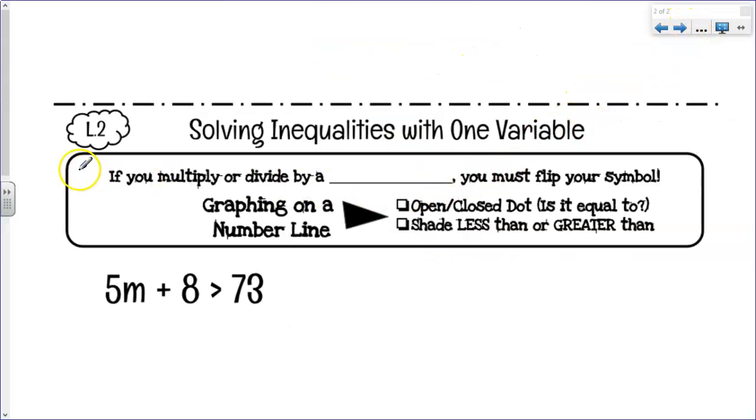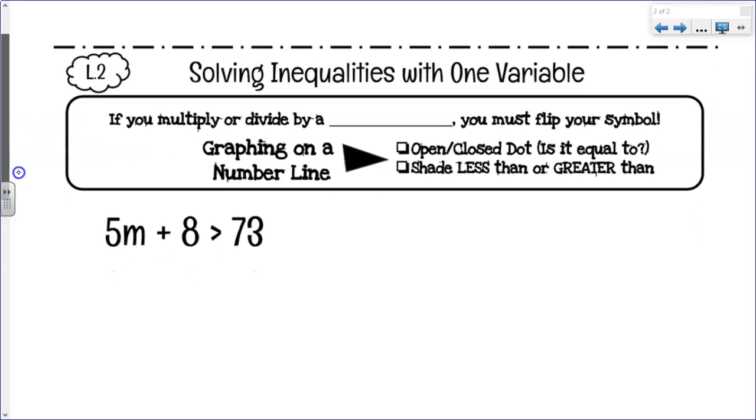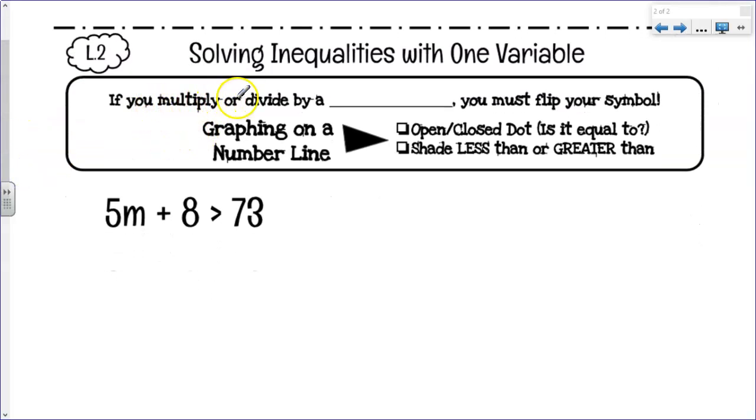So let's talk about inequalities. If you remember, if you multiply or divide by a negative, you must flip your symbol. Open or closed dot: is it equal to, and do we shade less than or greater than?